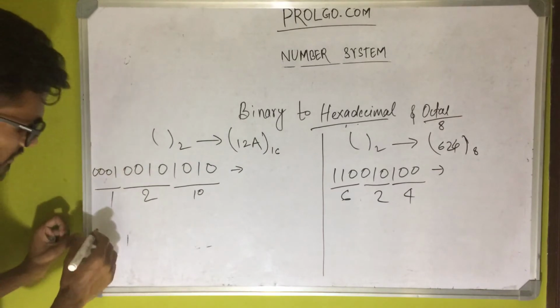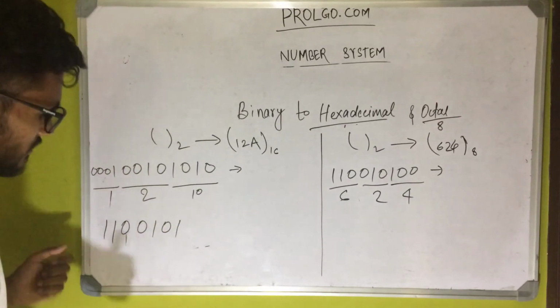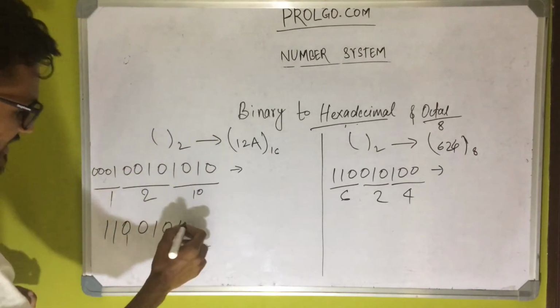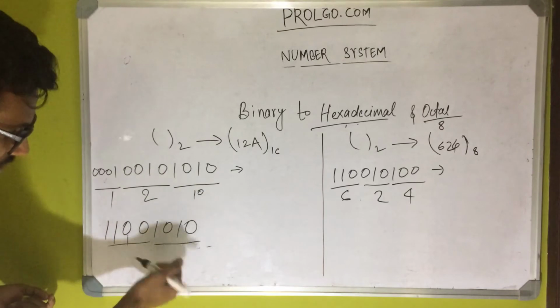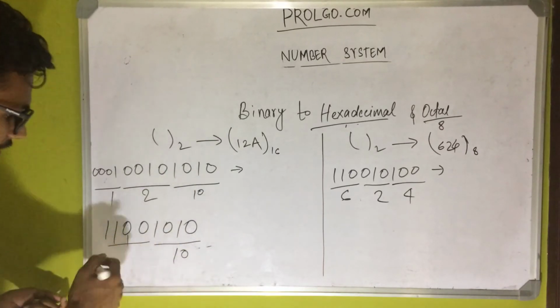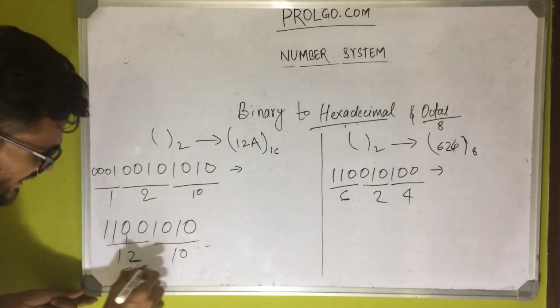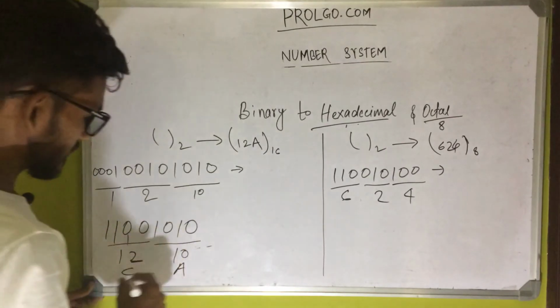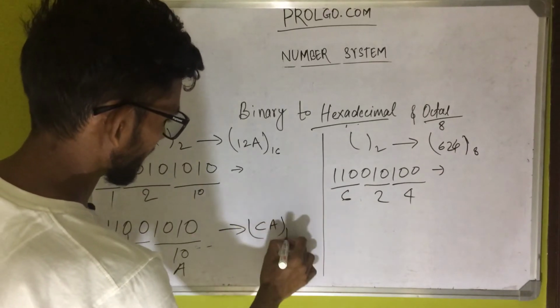Now take another example, 11000101. It's already easy. Make groups of 4, so it will be 12 and 5. For 12 we use C, so it would be equivalent to C5 in hexadecimal.